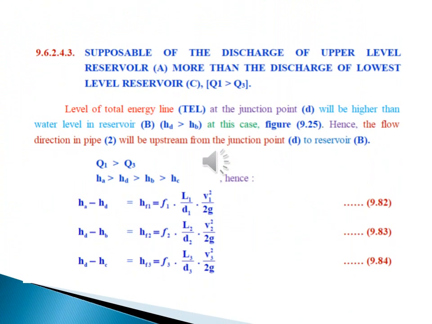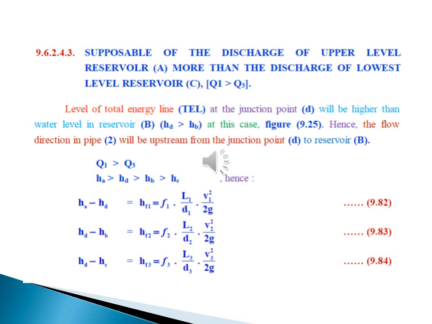Suppose the head of the upper level reservoir A is more than the head of the lowest level reservoir C. Hence, the level of the total energy line at the junction point D will be higher than the water level in reservoir B in this case.